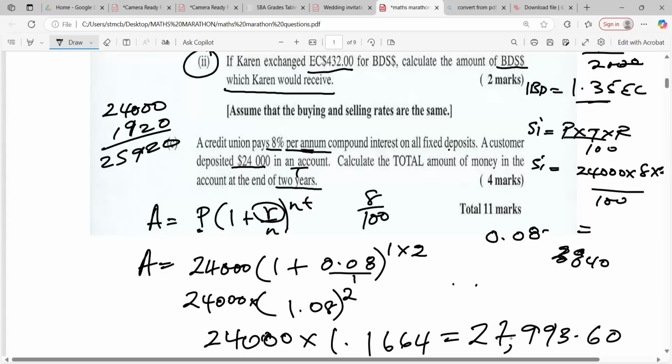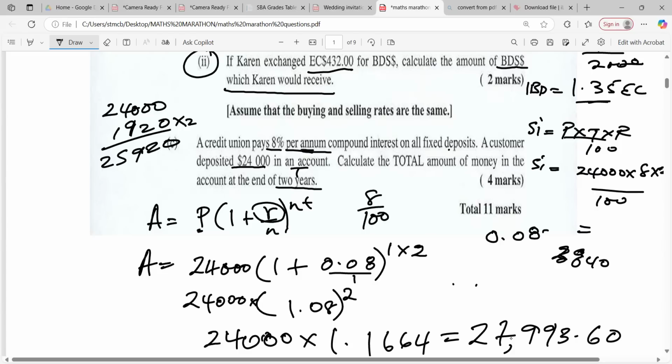A question: wouldn't the 1,920 be for two years, so we multiply that by 2? Well, it won't be just by 2, because it's compound, so you have to include this now. So you have to increase everything by 8% again.